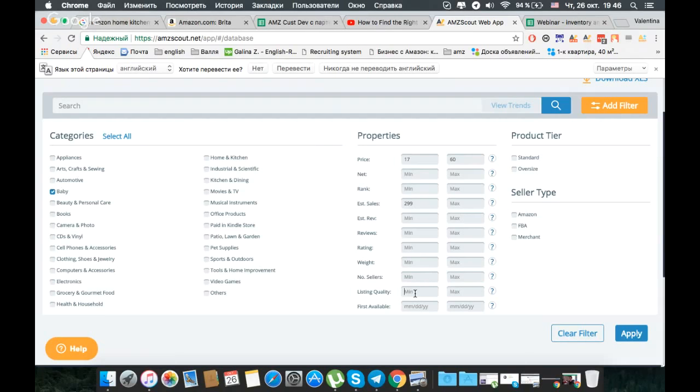So if the listing score is 100, it's actually really hard to beat this product in the niche and get to the first page if everyone there has 100. That's why I'd like to look for products which have less than 70. Max 70. Okay, yeah, because that gives them an idea and a chance.